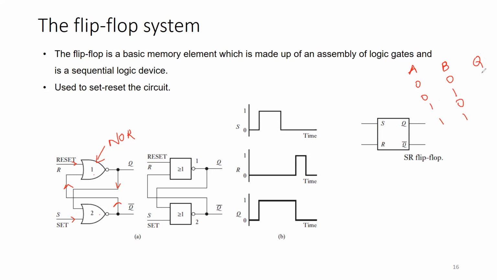For 0, 0, what is the value of Q? For a NOR gate, it is the reverse of an OR gate. 0, 0 is 1. 0, 1 is 0. 1, 0 is 0. Yes, sir. Okay.